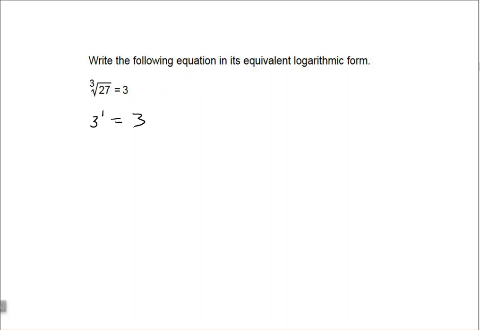Now I'm going to write this in the logarithmic form. So I have base 3 raised to the power of 1 equals 3. The base of the exponent remains the base of the logarithm, and then the 1 and the 3 swap sides.